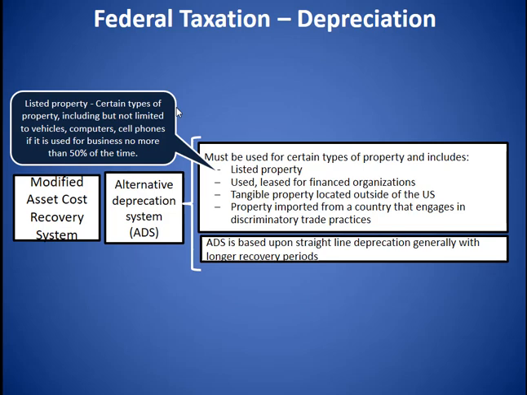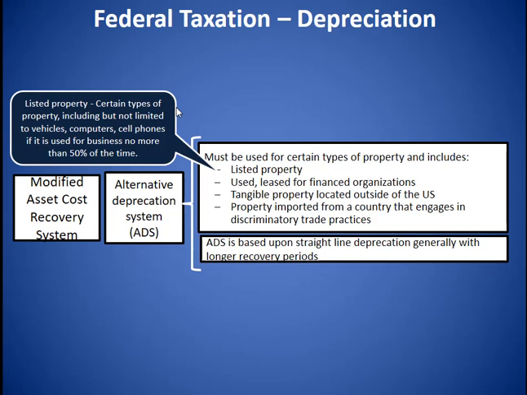And you're also going to see listed property coming up in some other areas regarding tax rules. So anyhow, it has to be used for listed property. It also has to be used for leased or finance organizations, tangible property located outside of the U.S., and property imported from a country that engages in discriminatory trade practices.